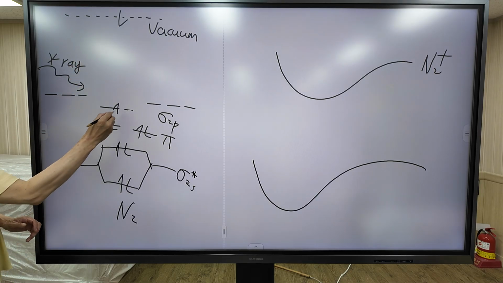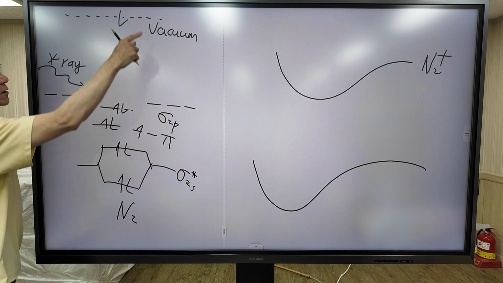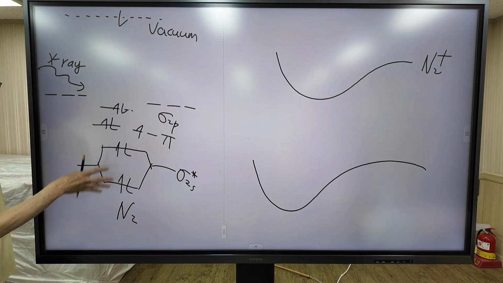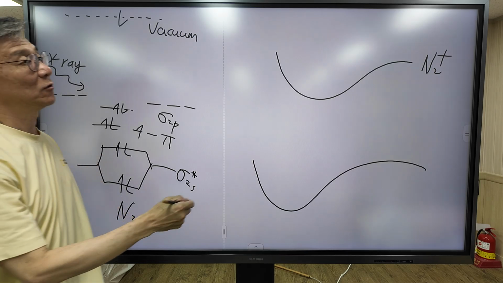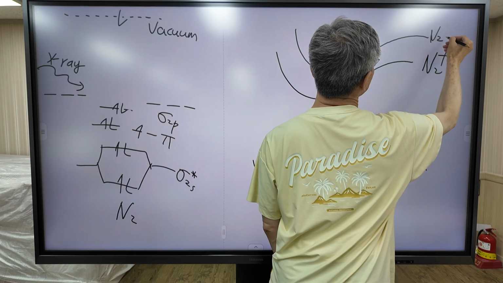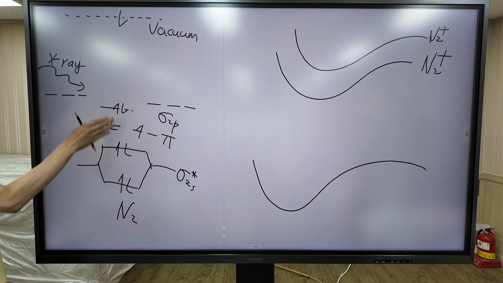Now, sometimes an electron in the pi orbital can be promoted to the vacuum state, ionized. With this configuration, we can draw another potential energy curve of N2 plus. This curve corresponds to this configuration.